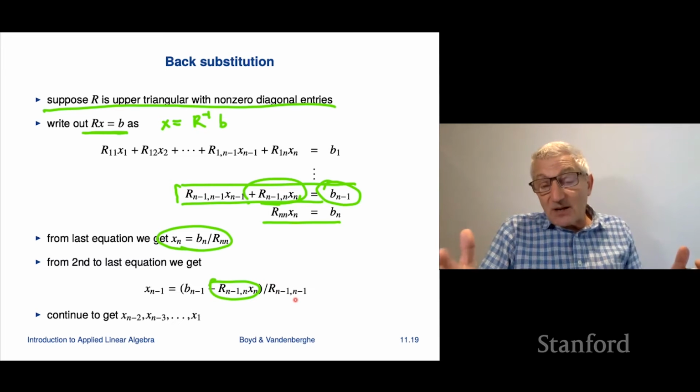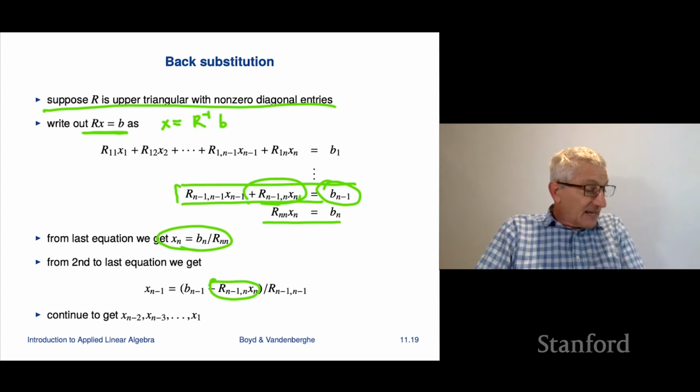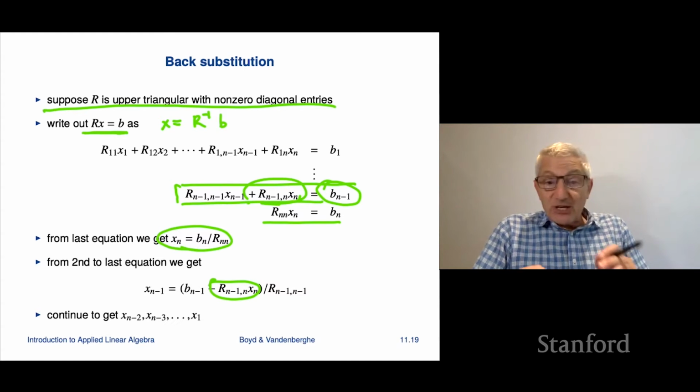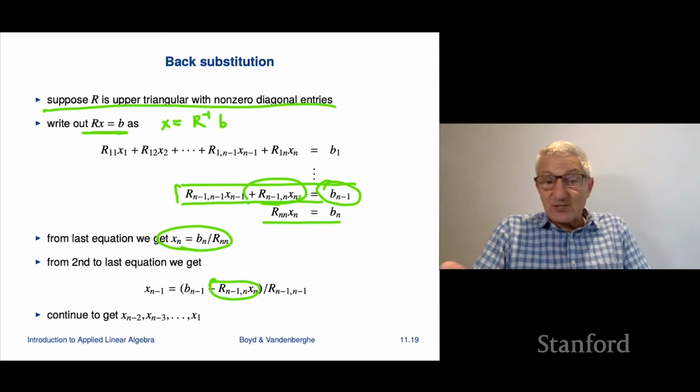Again, we can do that because Rn-1,n-1 is a diagonal entry of R, and it's assumed to be non-zero. So I get xn-1. And then basically we just continue this. After this step, we know xn and xn-1. Now we get xn-2, then xn-3, and eventually we end up with x1.